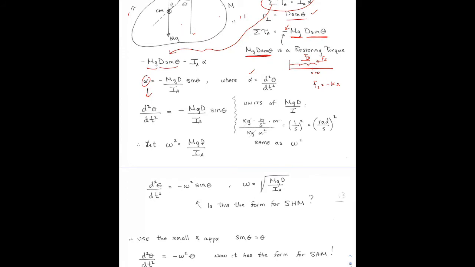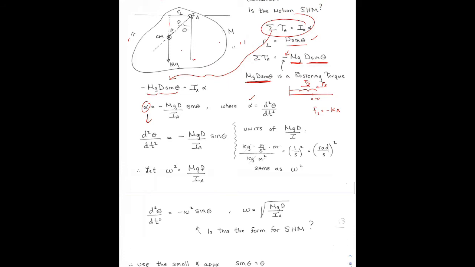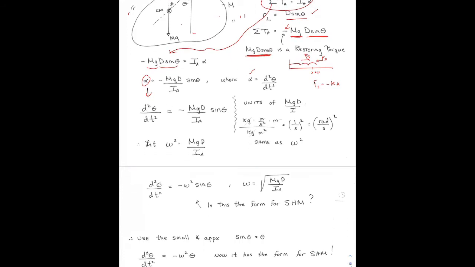It's the same steps we did for the mass and spring and for the simple pendulum. We had the second derivative over here. You have a function, you take two derivatives, and then you get minus some constant times something back.